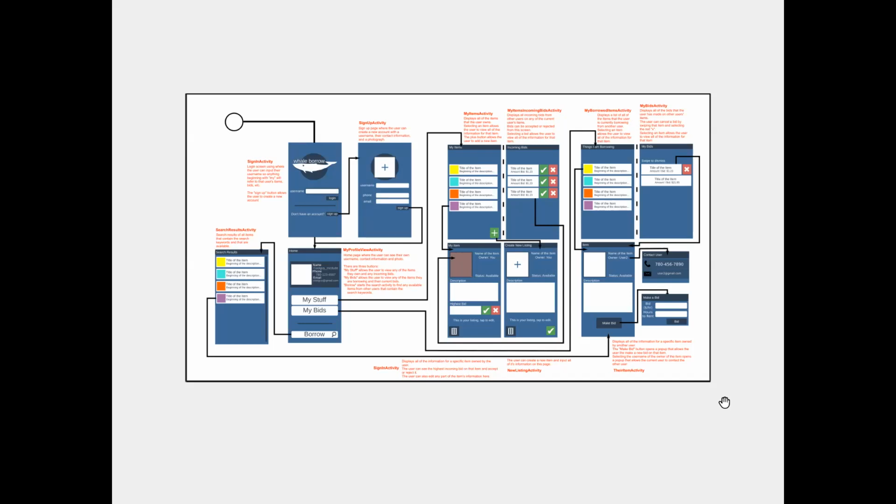You can use arrows to connect different ones together, so that the user will get a complete idea before you really build it, right? So that is the idea of user interfaces.